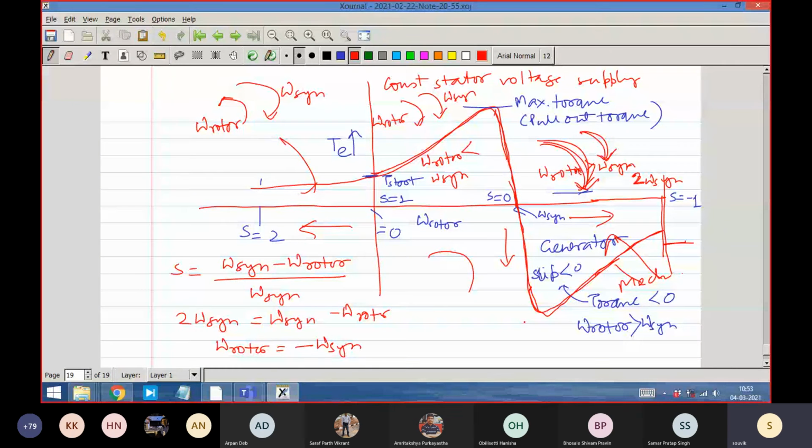Let me do a clean job. In the motoring mode, this is the electromagnetic torque and this is the load torque, meaning mechanical torque.